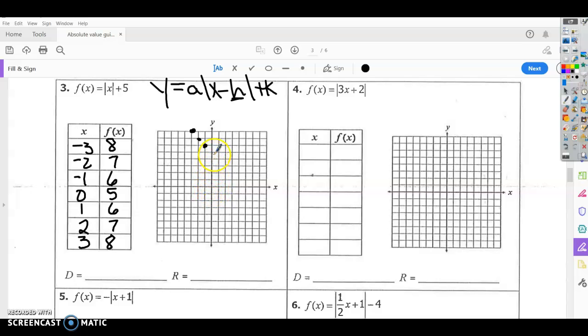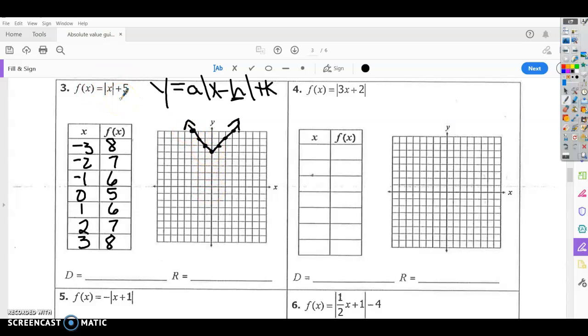Then 1, 6, 2, 7, 3, 8. So as you can see, the vertex did not move away from the origin. It just moved straight up 5.